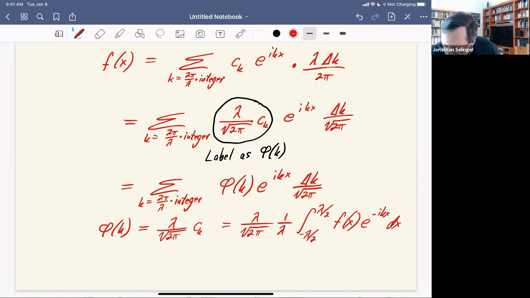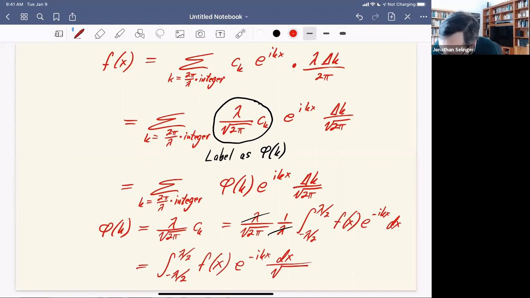And of course, these factors of lambda cancel. And the root 2 pi, I'll put it inside the integral under the dx. So I'll say an integral from minus lambda over 2 to lambda over 2 of f of x e to the minus ikx dx over root 2 pi, like that.